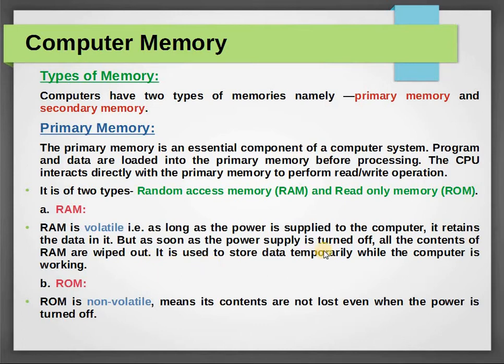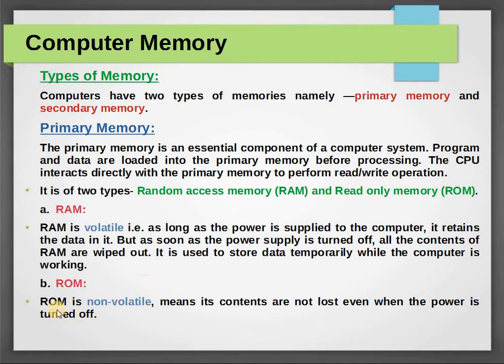So it is used to store data temporarily while the computer is working. Whenever the computer is started or a software application is launched, the required program and data are loaded into RAM for processing. So RAM is usually referred to as main memory. It is faster than secondary memory or storage devices.